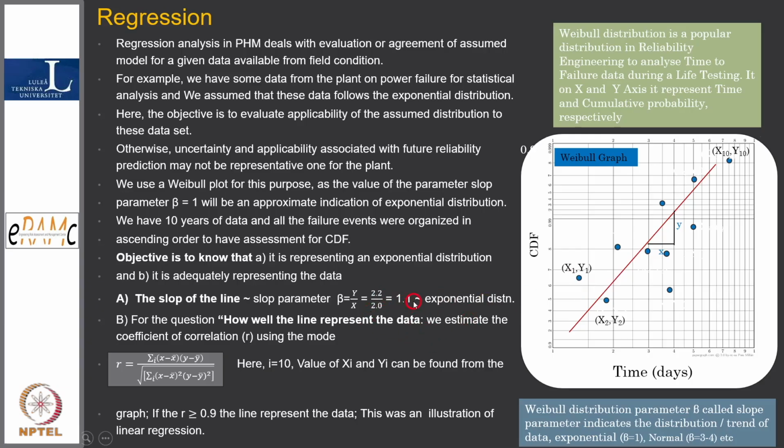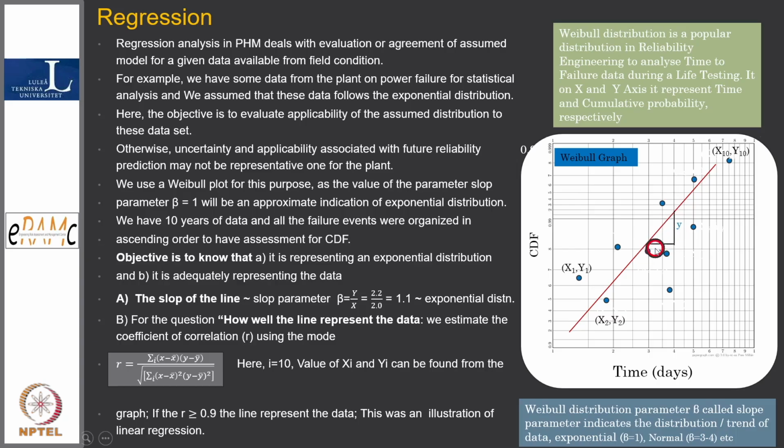Now 1.1, maybe we can check it for normal distribution also, whether this data is following. So that means when I plot this data on an exponential probability plot, they will be almost falling in line. So why people use this is because the line shows a gradient, and the gradient is nothing but the slope parameter of the line.